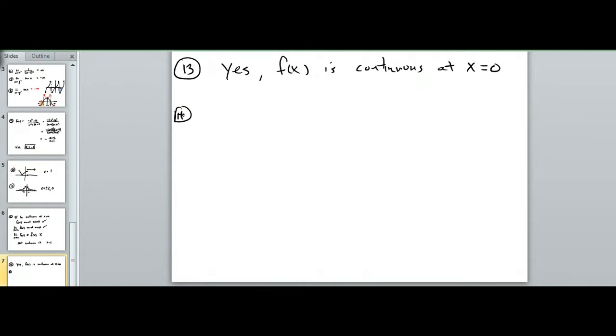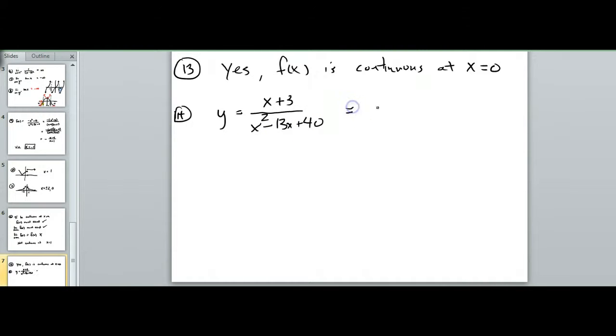Alright, 14. We want to know all the intervals where a function is continuous. Now, there was something in our notes that said any rational function, and that's what we have here. This is a rational function, meaning a polynomial divided by a polynomial. Any rational function is continuous everywhere that it's defined, basically on its entire domain.